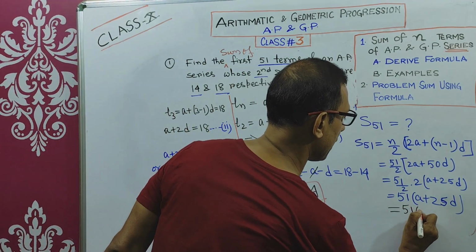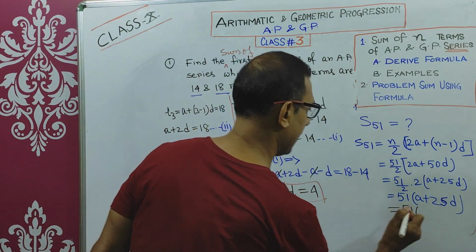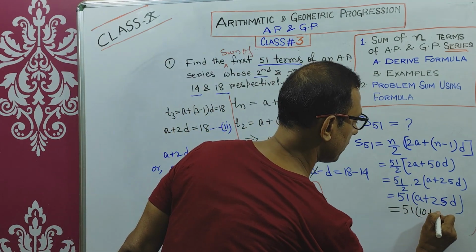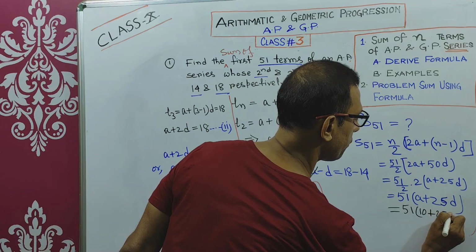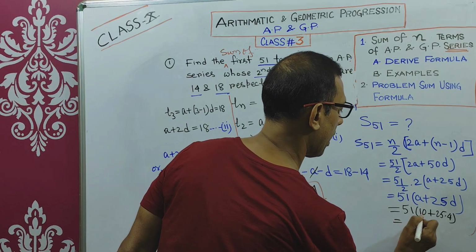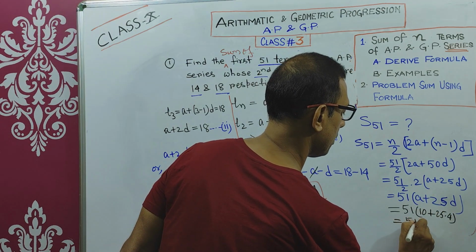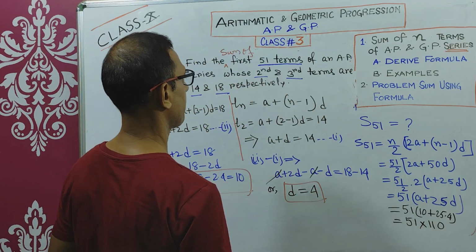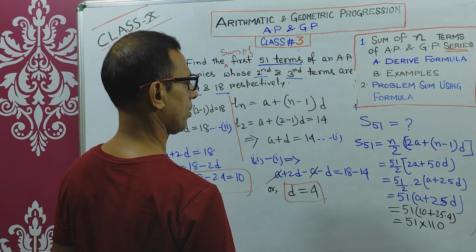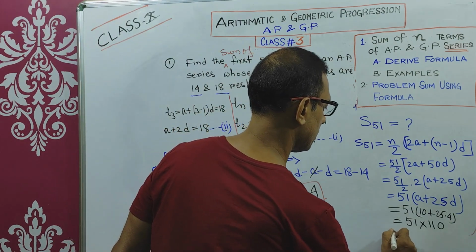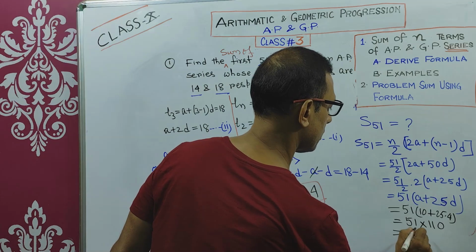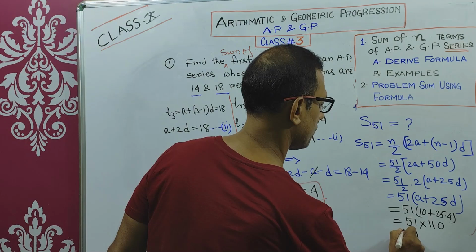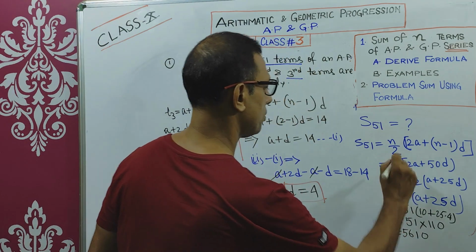51 into A plus 25D. So A equals 10, plus 25 into 4, 100. 25 into 4, so 110. 51 into 110, that is 5610.